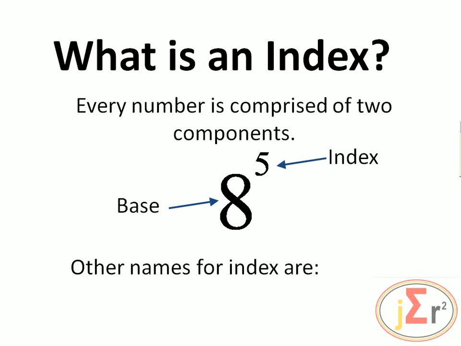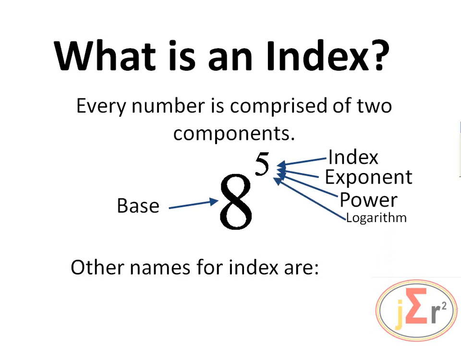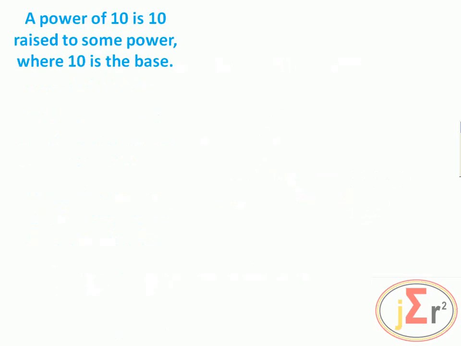So other names for index are exponent. Another name for index is power, which is the one that is most often used, the power of 5. Logarithm. So those are the names that are used for index: exponent, power, and logarithm. A power of 10 is 10 raised to some power, where 10 is the base.